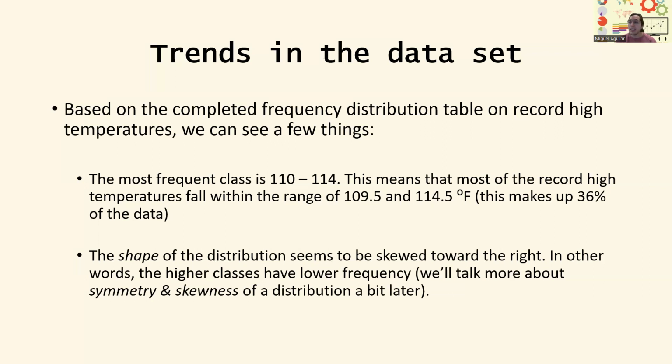We can easily pick out those trends or those patterns. We can also kind of see the shape of the distribution, which seems to be skewed to the right. In other words, the higher classes, or the classes that contain the higher data values, have lower frequency, right? We'll talk more about symmetry and skewness of a distribution a little bit later.